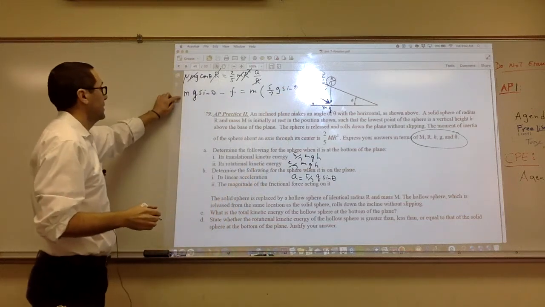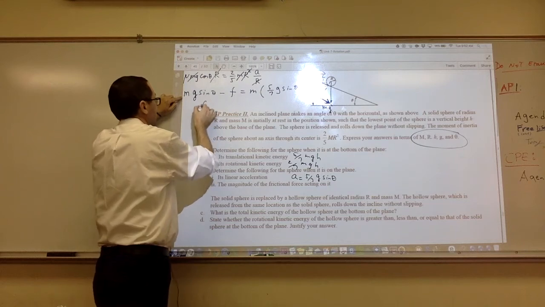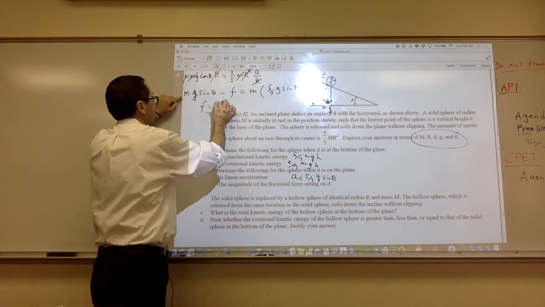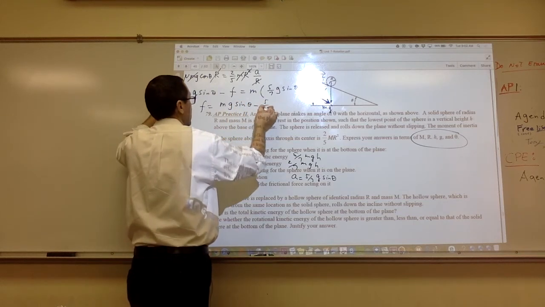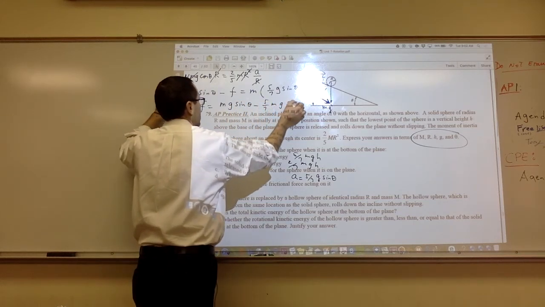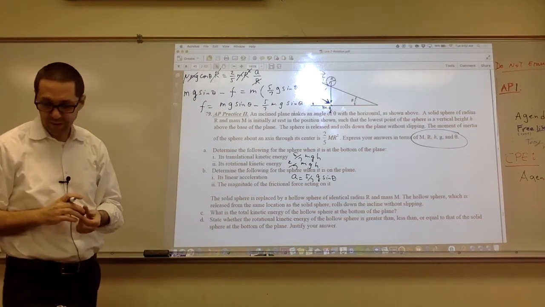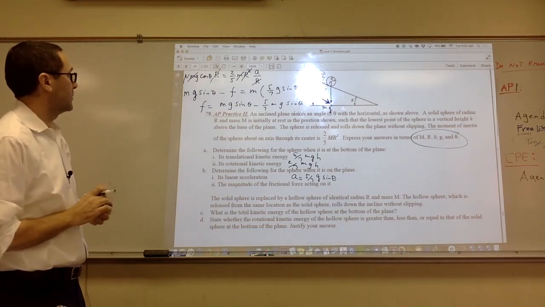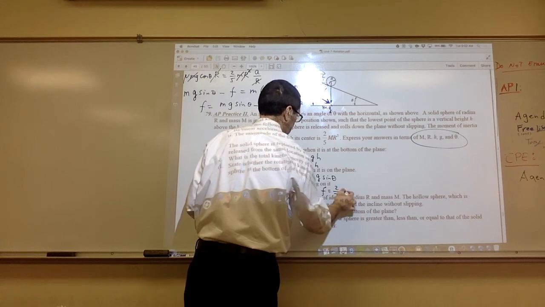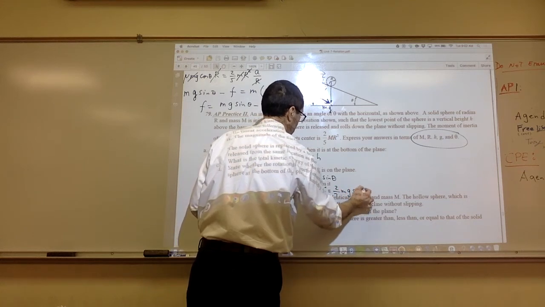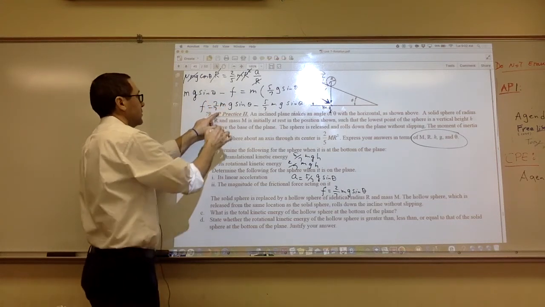So I did F net equals ma. So F is equal to mg sine theta minus 5/7 mg sine theta. So that should be 2/7 mg sine theta. So the force of friction is 2/7 mg sine theta, because this is going to be 7/7, so it's 2/7.